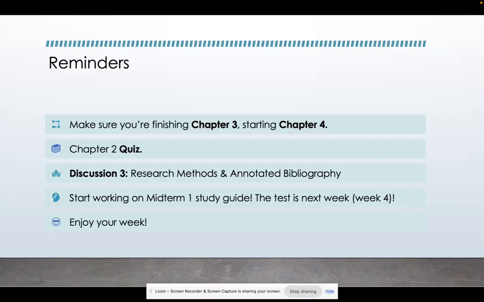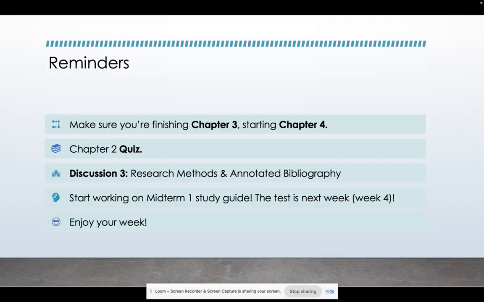Make sure you're finishing chapter 3 and starting chapter 4. We're in week 3. Next week, week 4, you will be taking your first midterm exam, and that covers chapters 1, 2, 3, and 4, which is why I'm encouraging you to start reading chapter 4 this week. Chapter 2 quiz is due this week at 11:59 p.m. on Sunday.